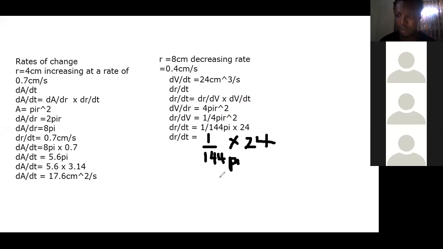In other words, this can go into this: 144 divided by 24. 24 times 6 gives us 144, so it goes into this one 6 times. So we are going to get dr/dt equals 1 all over 6 pi. So this will be our answer.